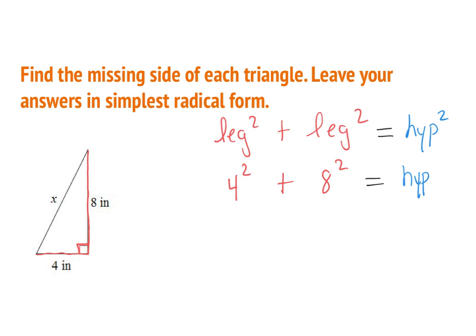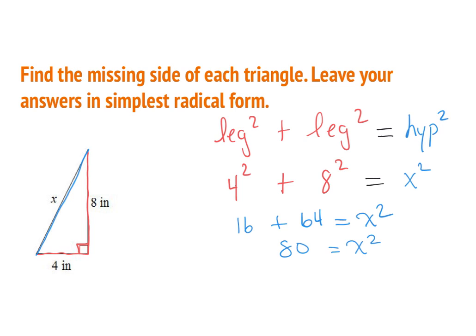And the hypotenuse is that other side opposite of the right angle, which happens to be x. So we have x squared. 4 squared is 16. 8 squared is 64. 16 plus 64 is 80.